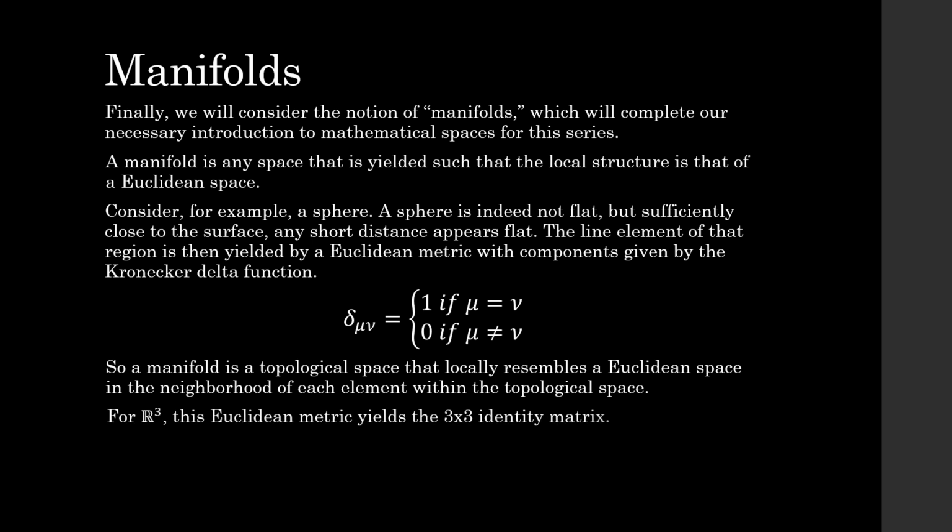For R3, this Euclidean metric yields the 3x3 identity matrix. So delta mu nu equals this 3x3 identity matrix where 1s are down the diagonal and 0 elsewhere. This gives us the components of the Kronecker delta function, otherwise known as the Euclidean metric tensor.